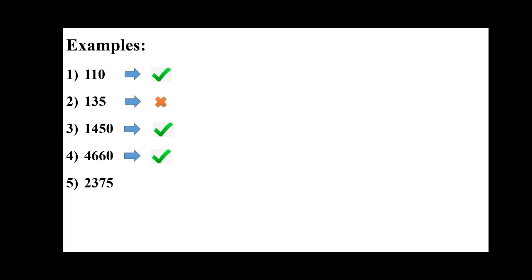Ones place digit is 5. So 2375 is not divisible by 10. Next, 1728. Ones place digit is 8. So 1728 is not divisible by 10.